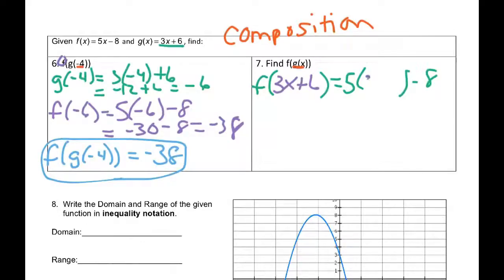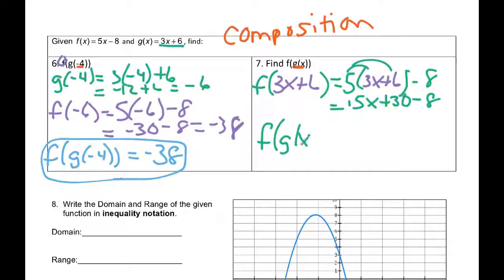And so let's put in our 3x plus 6. We then distribute. Make sure you distribute both. 15x plus 30 minus 8. And our final f of g of x is 15x plus 22.